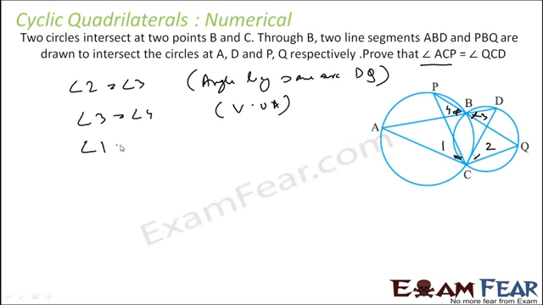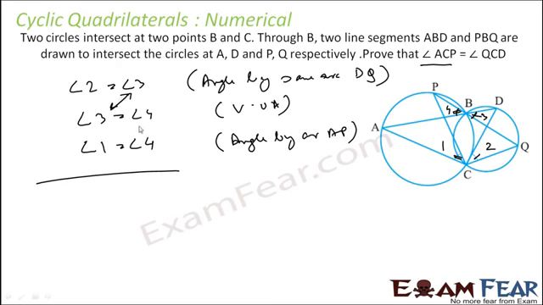Angle 1 is equal to angle 4, angles by arc AP. So we combine all these three equations. What do you get? If you just combine all these equations, what do you get? Angle 1 is equal to angle 2. Right, see? And that's what we wanted to prove.